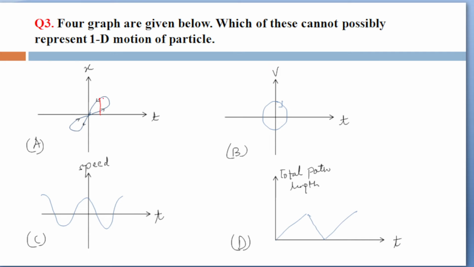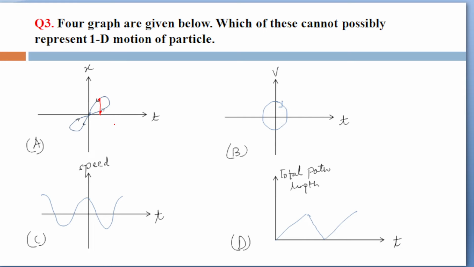If we consider a straight line motion, this is an xt curve. In this curve we can see there is a unique position at every instant, but in this curve there are two positions at the same instant.